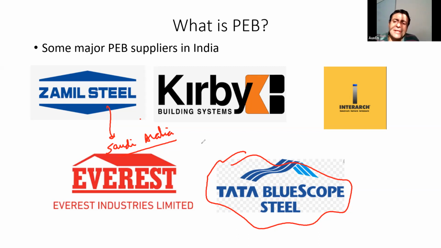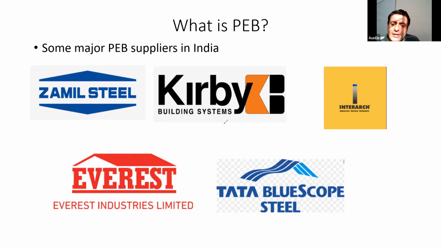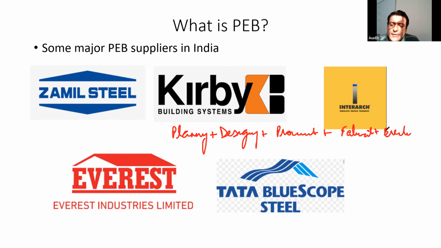All these companies that you see over here would be doing the complete planning. They would be doing the complete designing in-house. Everything is happening in-house. Then they will be doing the complete material procurement, the complete fabrication, the complete erection and assembly, and finally the complete commissioning.